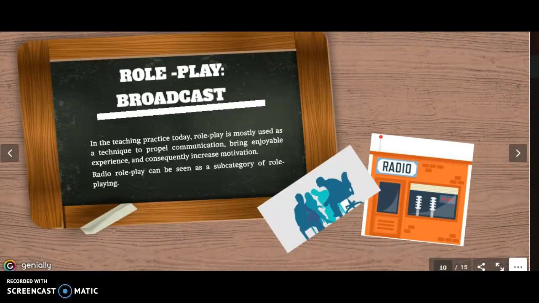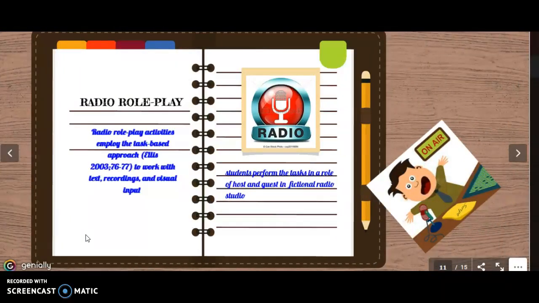Radio role-play can be seen as a subcategory of role-playing. Radio plays are fantastic for students to practice and develop many performance skills like projection, diction, and using emotion without the pressure of actually getting up and performing in front of others.